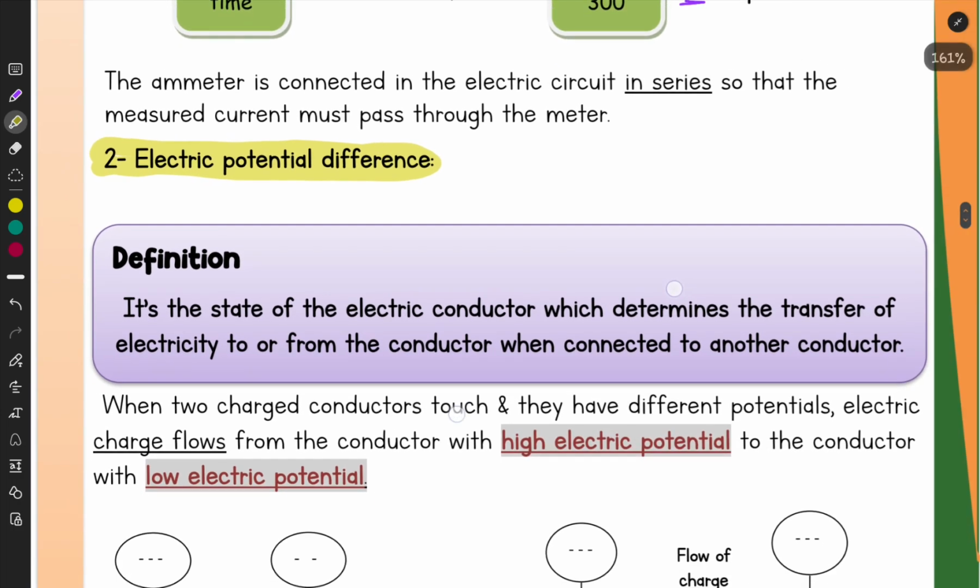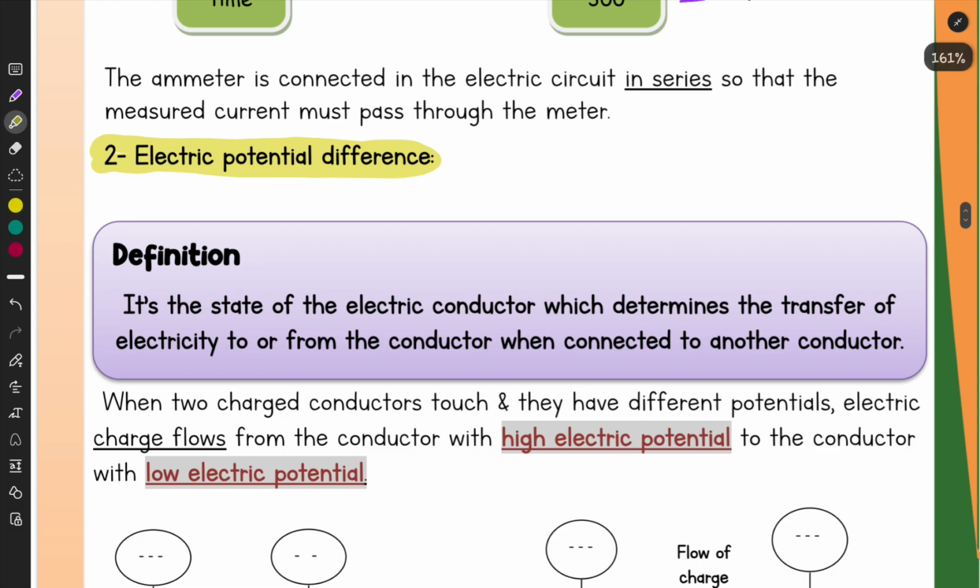It is a state of an electric conductor which determines the transfer of energy, the transfer of electricity, to or from the conductor when connected to another conductor. This is the definition of the potential difference.